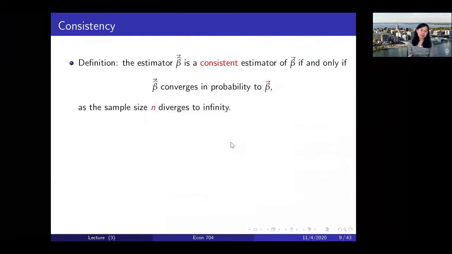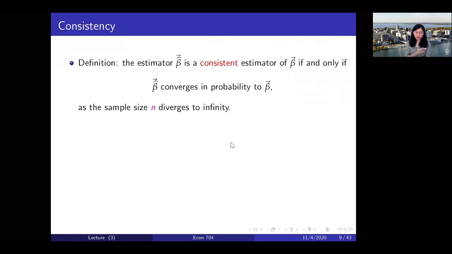So what that means is, as long as you collect more and more data, as long as your sample size grows, your estimator will approach the true parameter value you're estimating. If you can collect an infinite sample, then your estimator will be equal to the true parameter value. So that's the idea of consistent estimators.